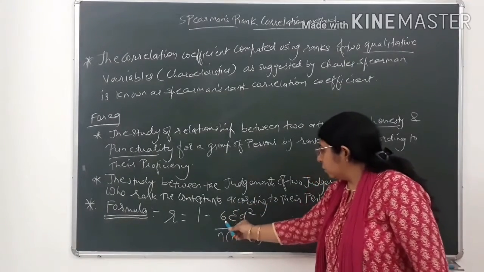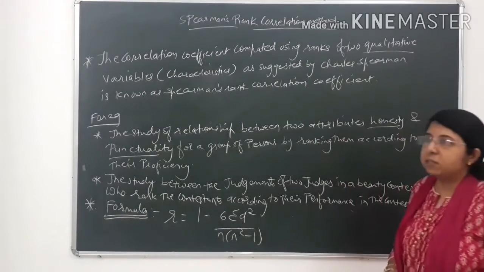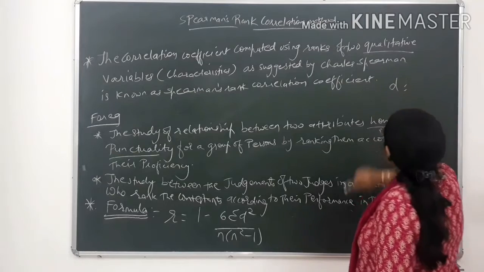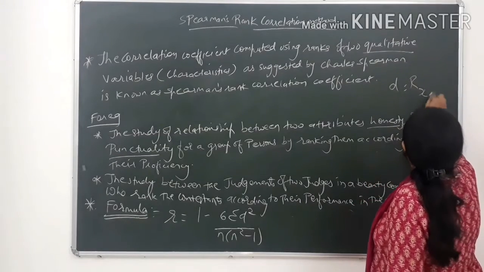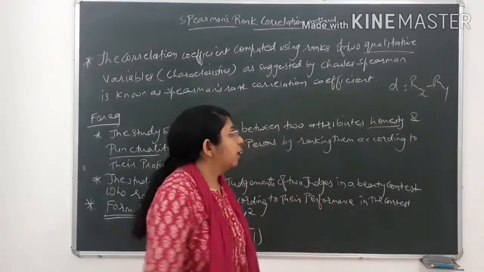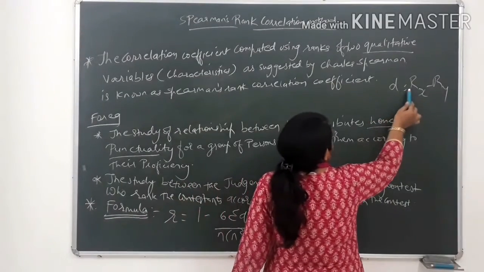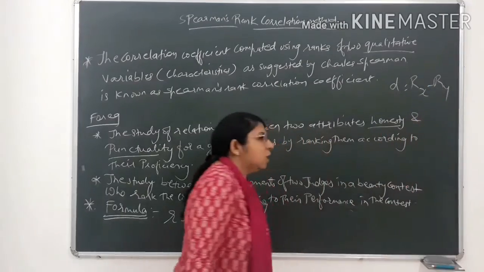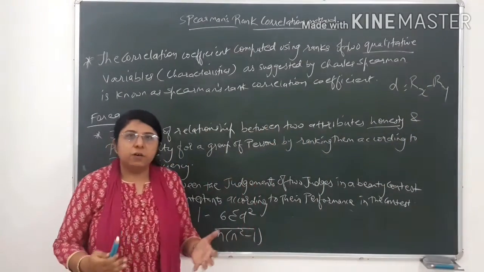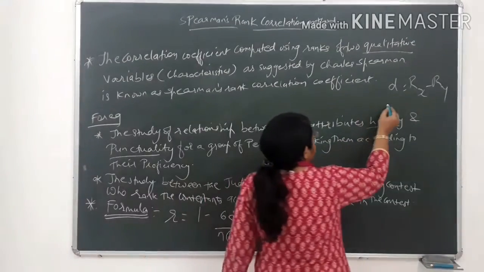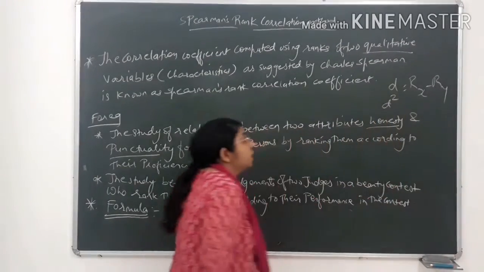1 minus 6 sigma d square. What is d? d is the difference between Rx and Ry, that is, the difference between the rank of the X variable and the rank of the Y variable. After getting d we have to find d square.